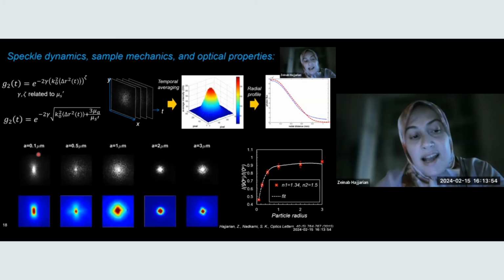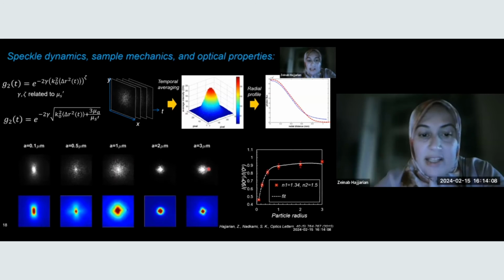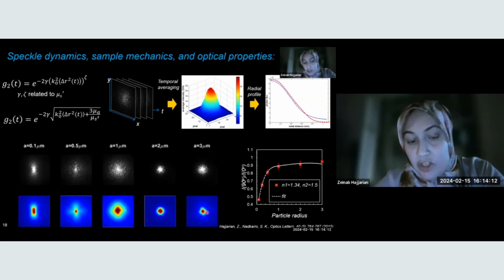What we realized is that for smaller particles that fall in the Rayleigh scattering regime, the remitted speckle pattern resembles a dipole radiation pattern or an elliptical form. Whereas as the particle size increases and starts to match the wavelength and increase beyond the wavelength, the pattern evolves to a clover-like shape.